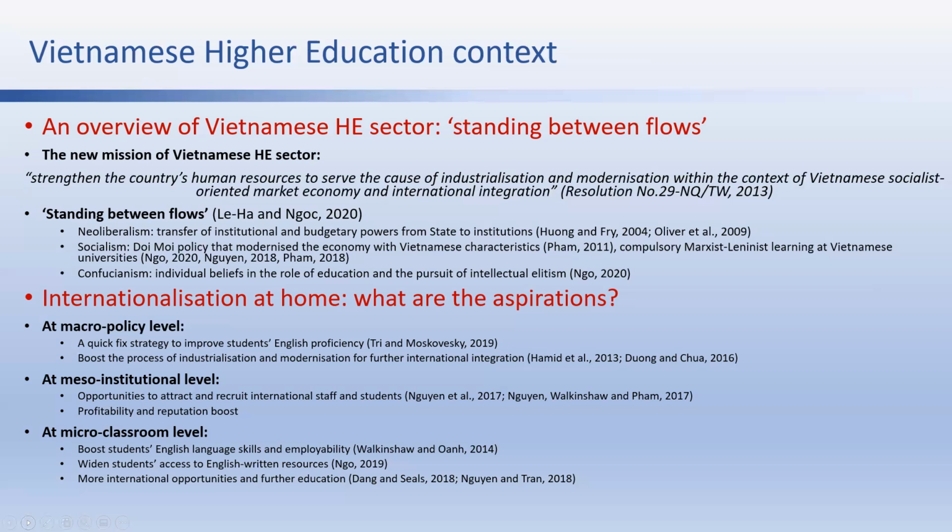So basically, lots of scholars in the field of higher education, like Lê Hà and Ngọc, spotted the very tricky position that the Vietnamese higher education sector is now located within. On the one hand, to start with, there are elements of neoliberalism in the sense that universities are getting more autonomous and there has been a transfer of institutional and budgetary powers from the central government to universities themselves.